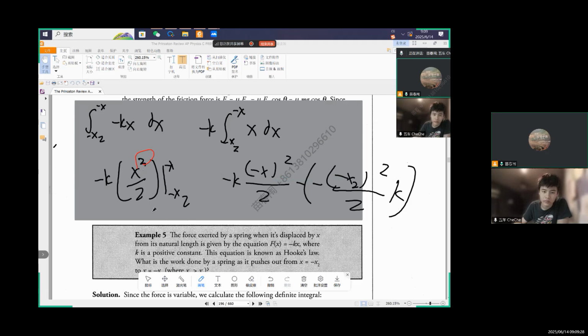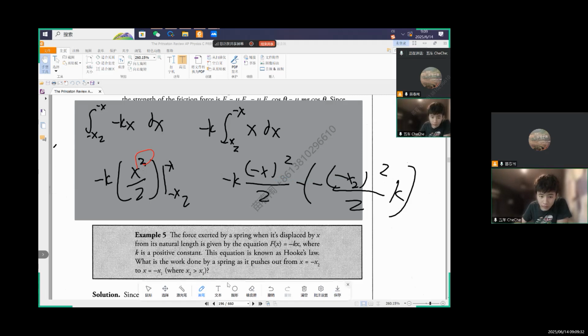Where's your x1, x2? Oh, I didn't see the 1 there. Okay. So it has x1 and then... Yeah, you can simplify it if I take 1 over k out. What's left is minus x1 squared, and this one, let me see.